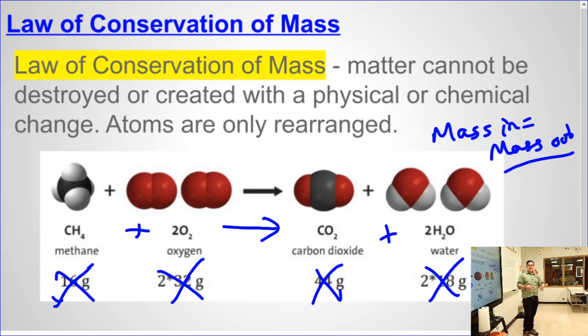So the law of conservation of mass says mass is always conserved. A bunch of scientists got together. There's a really famous picture of all these scientists getting together, and they said, you know what? We agree, we concur. Collectively, they agreed. However, if you're the one scientist to discover something, usually it has your name attached to it. So Newton's laws of motion, who put those into action? Sir Isaac Newton.